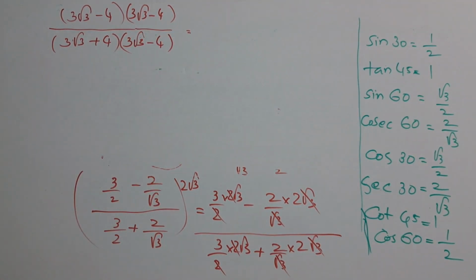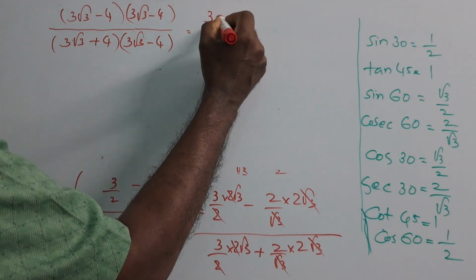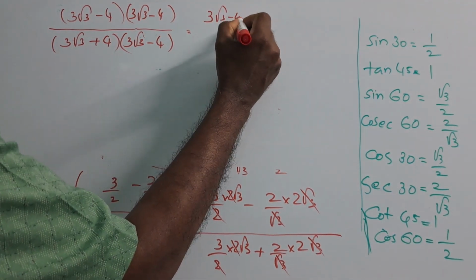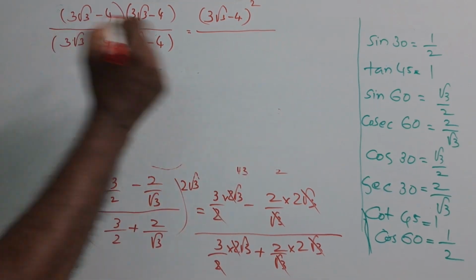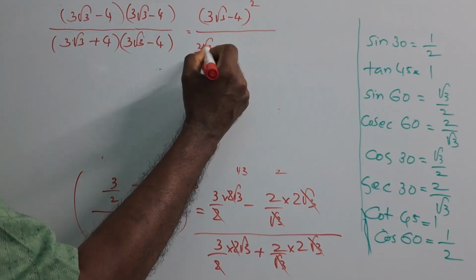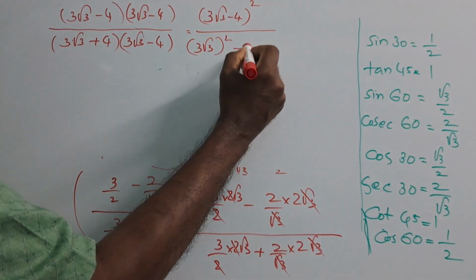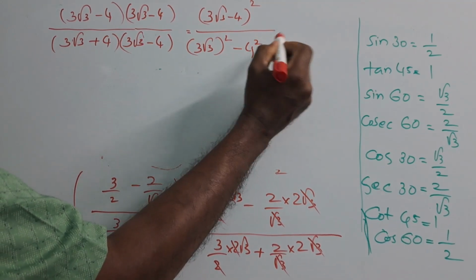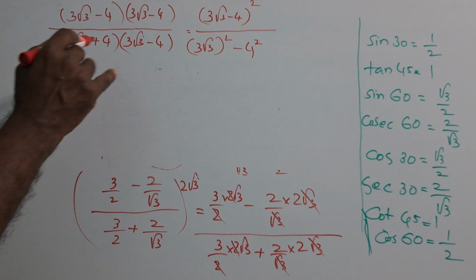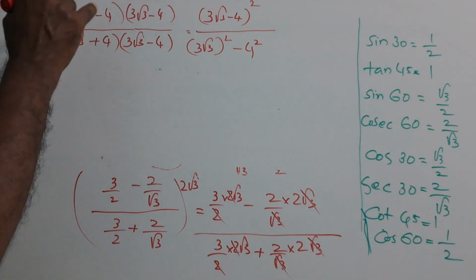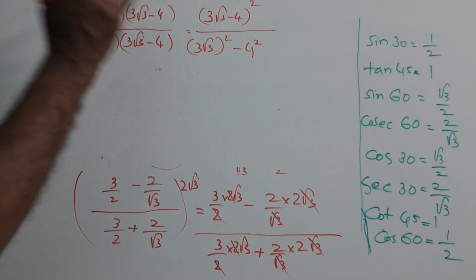On the numerator part it is 3 root 3 minus 4 the whole square. On the denominator part it is 3 root 3 the whole square minus 4 square, because it is in the form x plus y into x minus y. On the numerator it is x minus y into x minus y.